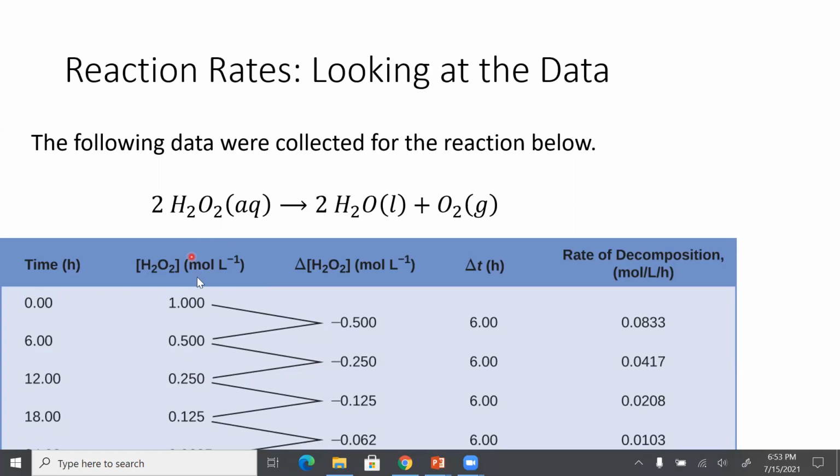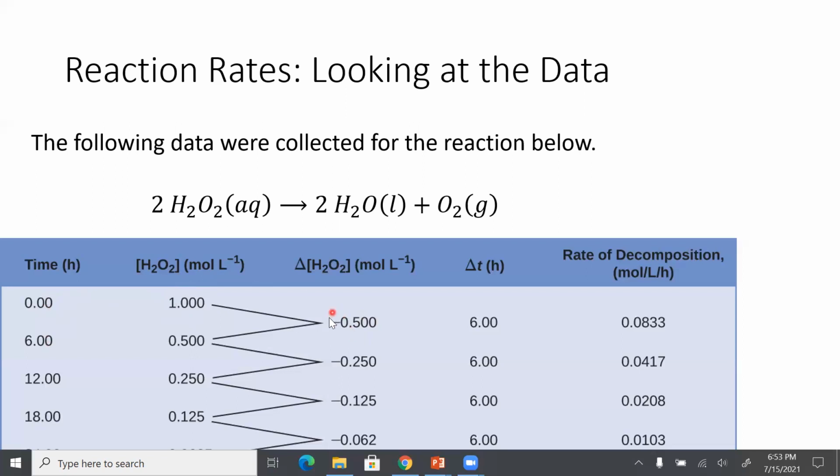The concentration actually changes during this time period. And to figure out how much it changes, we would just subtract the two, final minus initial. So during this 6-hour time period, the concentration changes by -0.500 moles per liter.